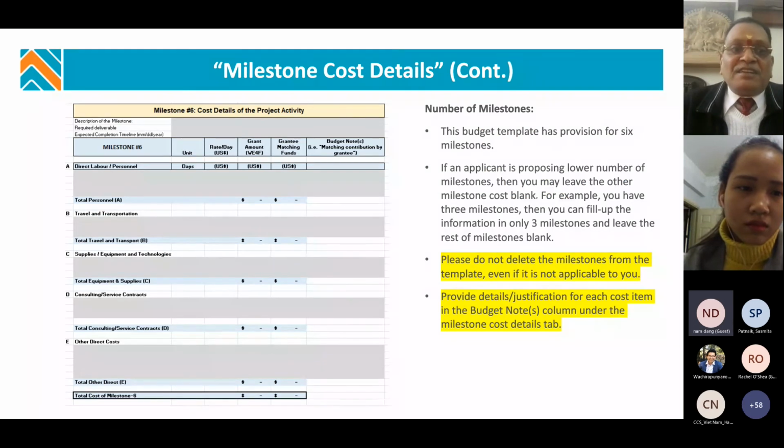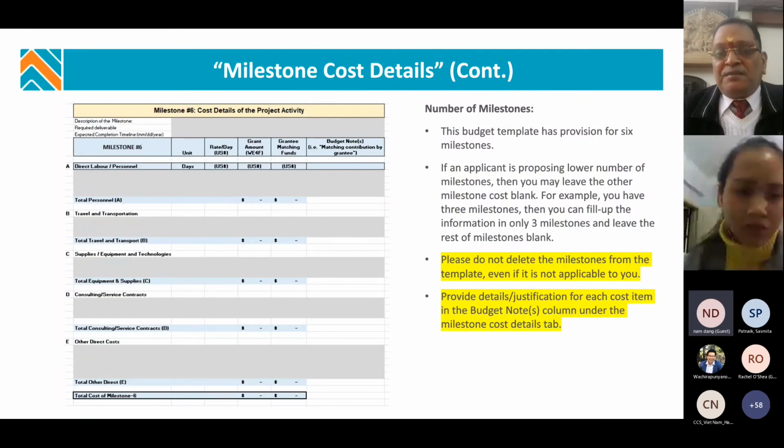And you might also see that this template is made for 6 milestones. This is milestone 1, 2, 3, 4, 5, 6. So even if you are proposing, let's say, just milestone 3 and not 6, what you have to do is fill up the information for your relevant milestones and leave the rest blank.